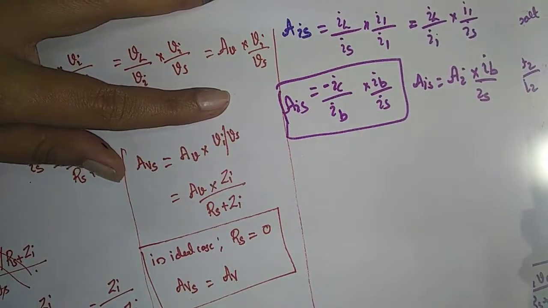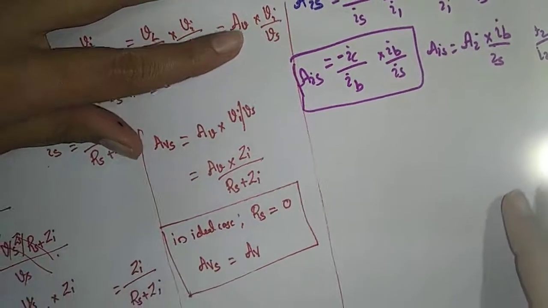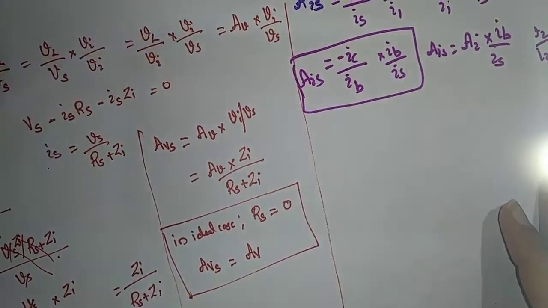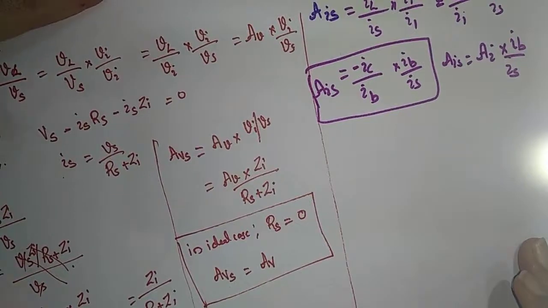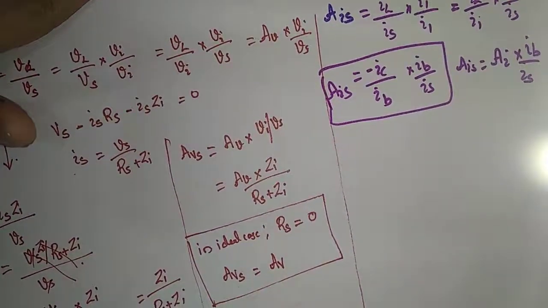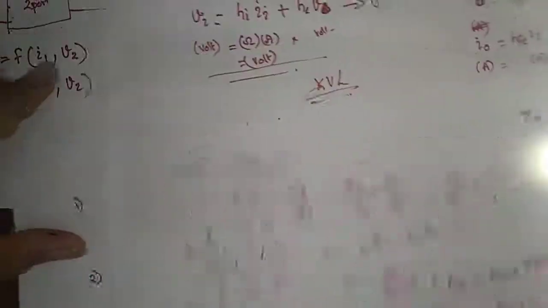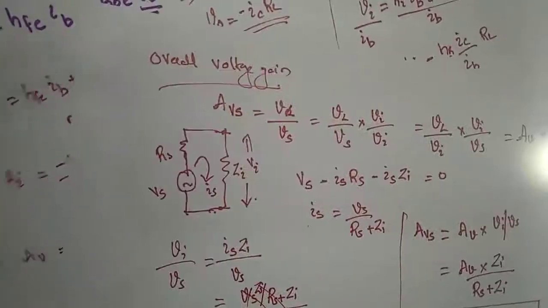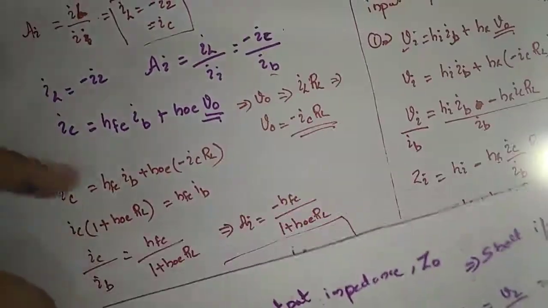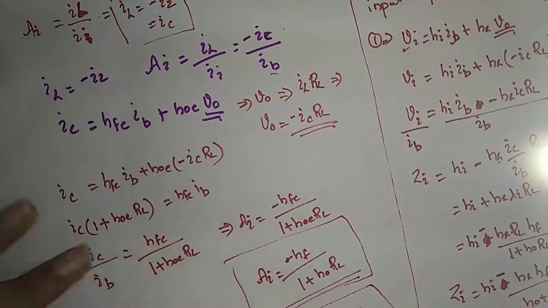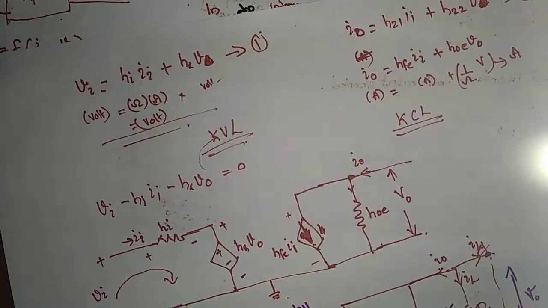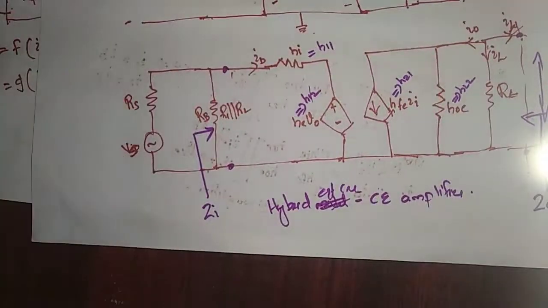Now we have to find out what is IB by IS. Again, in order to find IB by IS, how can we do it? We have to use the current division rule. So I am taking my circuit again. This is our circuit.